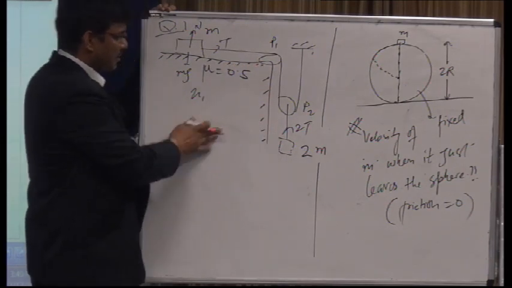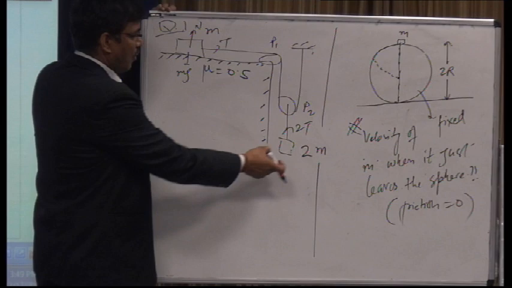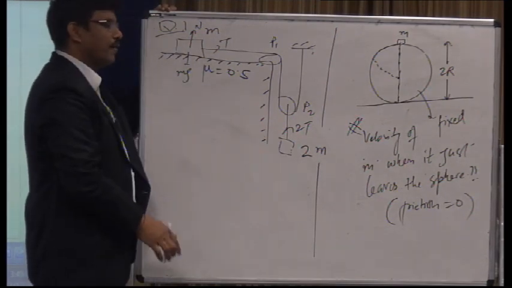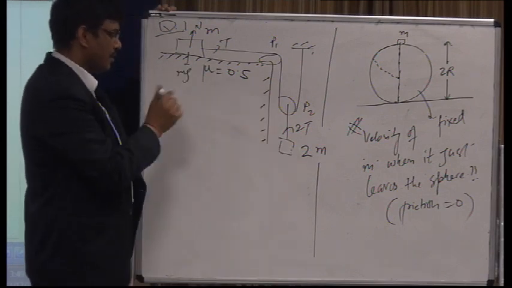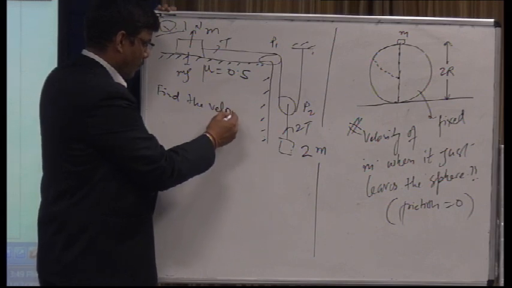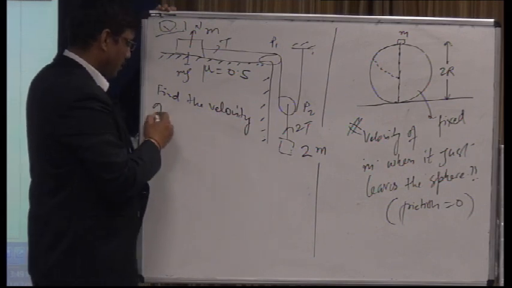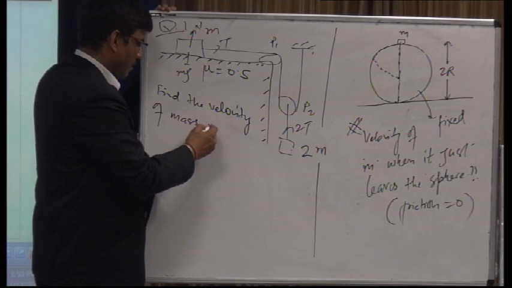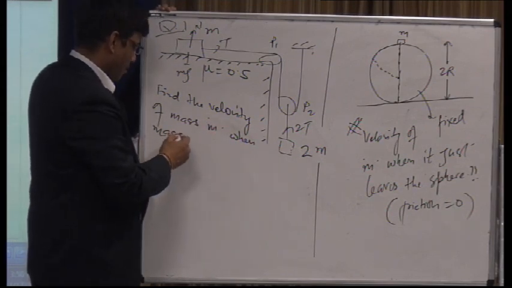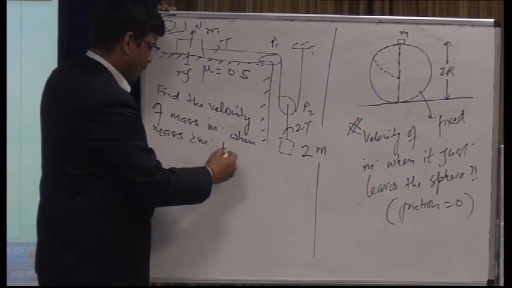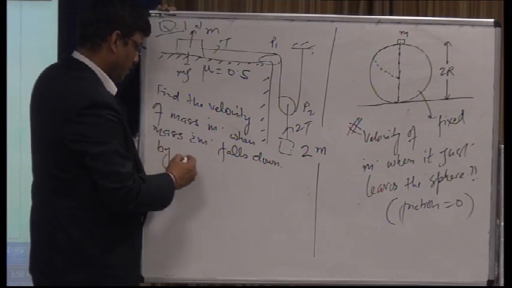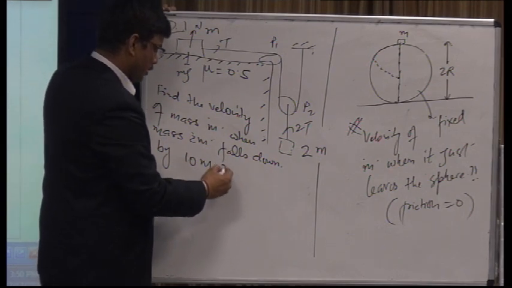The question is, find the velocity of this mass m when the another mass 2m falls down by a distance 10 meter. Find the velocity of mass m when mass 2m falls down by 10 meter. This is the question.